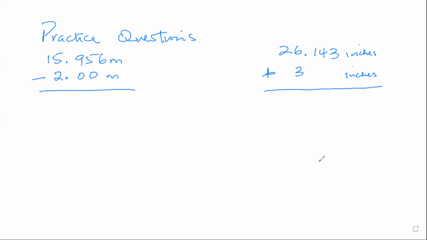So again, we still follow the same rule. We check the number of decimal points here. There are 3 here and there are 2 here. This is in meters. We are subtracting.